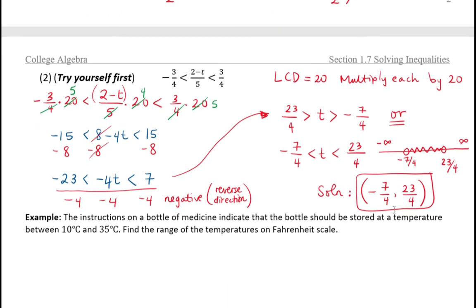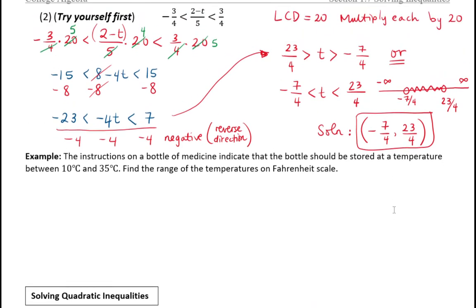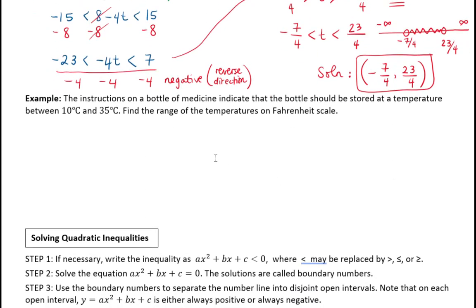Okay, now here's another nice example. It's really a nice one. You have a medicine with the temperature given by 10 degrees Celsius to 35 degrees Celsius in that interval. So we want to convert that into the Fahrenheit scale. As you know, degrees Celsius is really common in Europe.